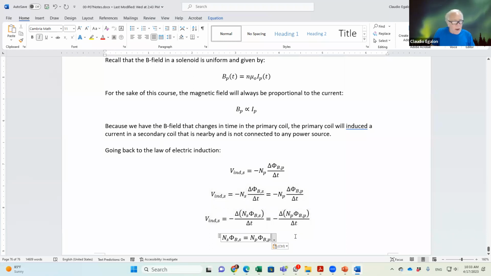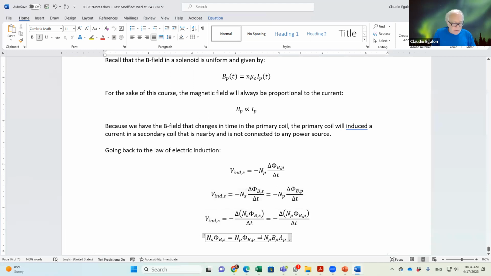What's going on here? Okay, and now what else do I have to know here? There is this definition of mutual inductance. Recall that what I have here on the right side is always going to be something proportional to a current, because every magnetic field, let's not forget, the magnetic flux is going to be B of the primary times the area of the primary.